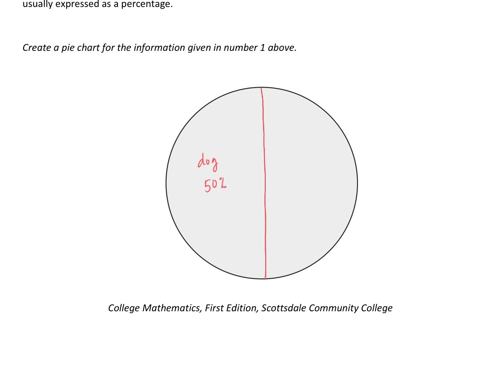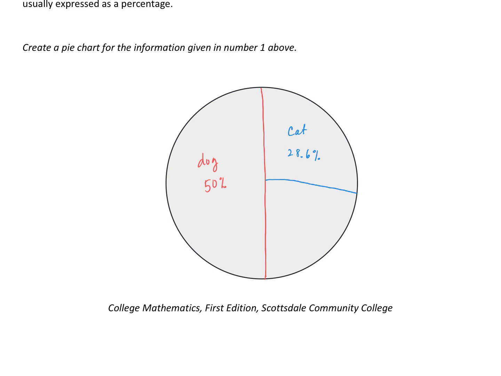Now we have cat, fish, and hamster. Cat is 28.6%. If we were to cut this right side in half, that would be 25%, so we want it to be just slightly bigger than that. Maybe like that, and it should be a straight line. So cat is 28.6%.